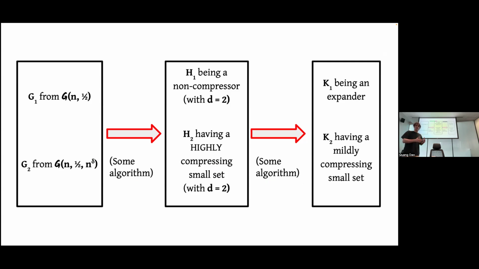On the other hand, if we sample a graph G from the planted Erdős-Rényi distribution, G(n, 1/2) into the delta, and put it into the same exact algorithm, we want to end up with an output graph H that has a highly compressing small set. And we can say something analogous for the second arrow here, where we want the conversion from H1 to K1 and H2 to K2 through the exact same algorithm.